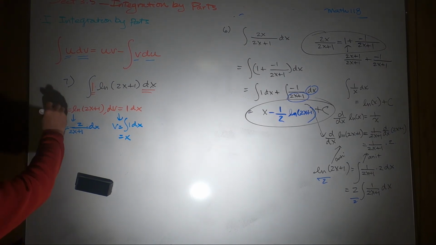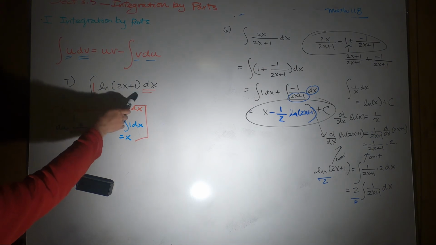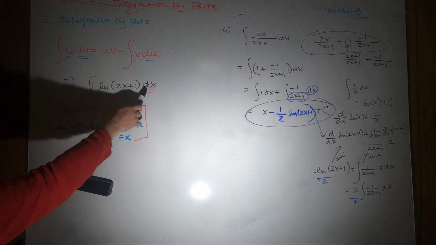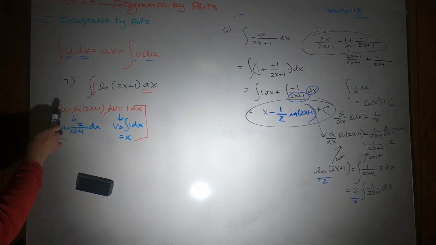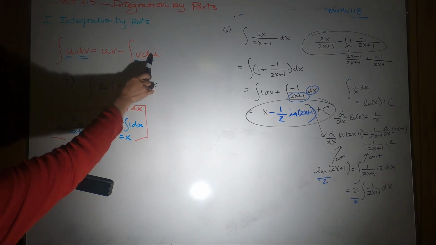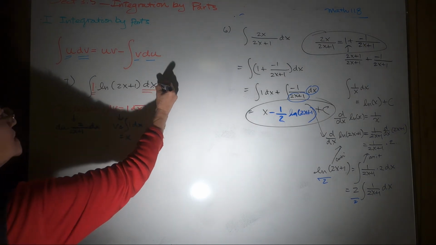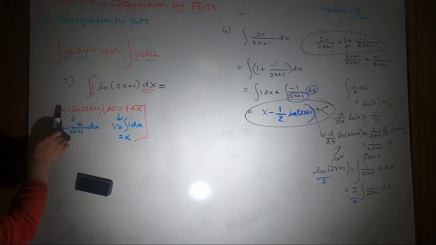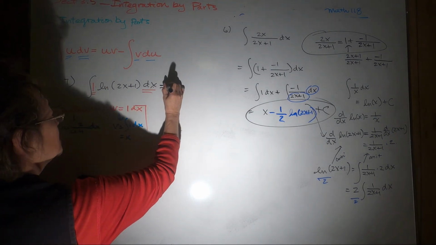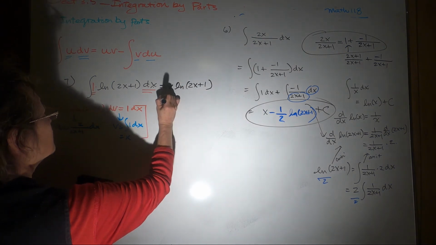So this one is extremely complicated. So we say if the integral has a log, you make the log as u. The remaining becomes what? dv. Then with u and dv, you are going to find what? v and du. Then you will transform this into what? u times v, which will be x times natural log 2x plus 1, right?